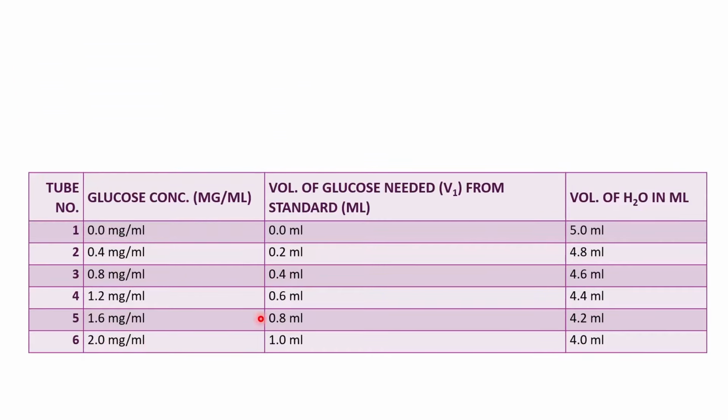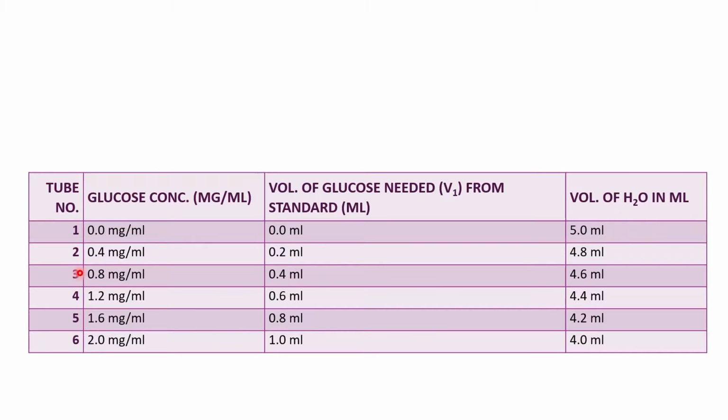From the calculation, these are the volume of standard glucose needed and the volume of distilled water needed in mls to prepare these concentrations. We saw that the V1 for the 0.0 milligrams per ml is 0.0, so to prepare this concentration, we just pick 0.0 mls and add it to 5 mls of distilled water.